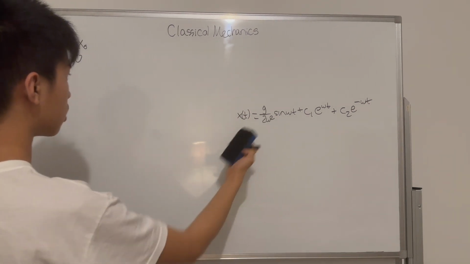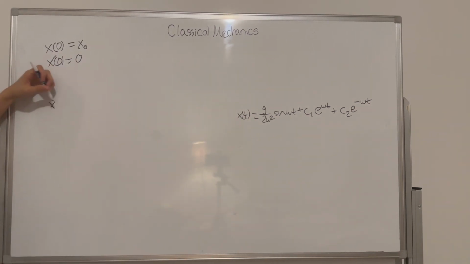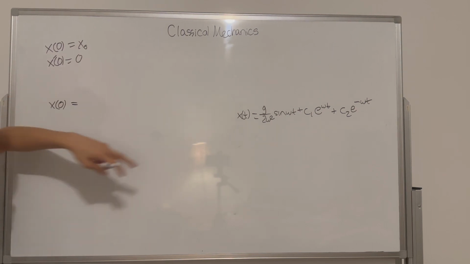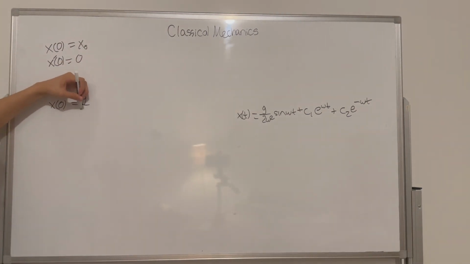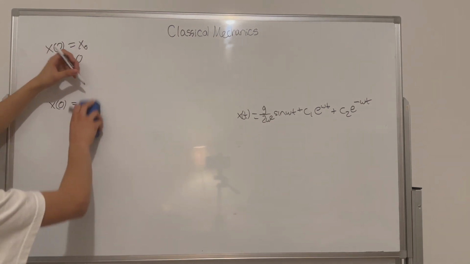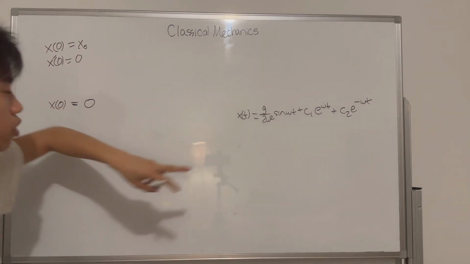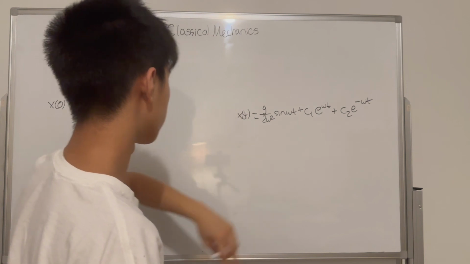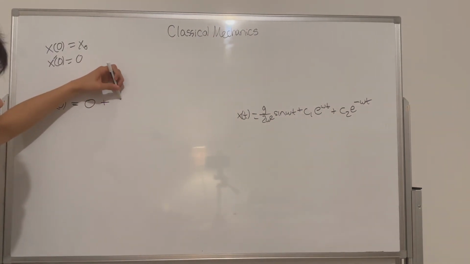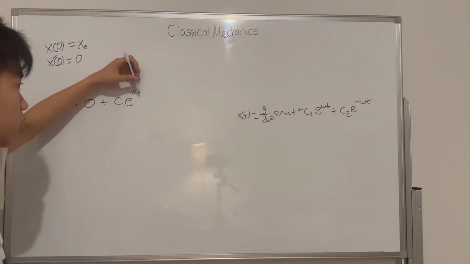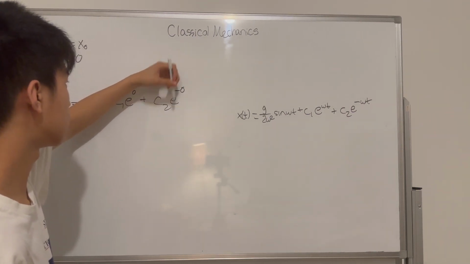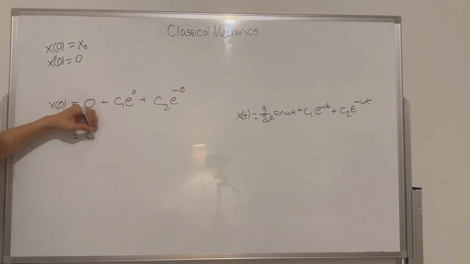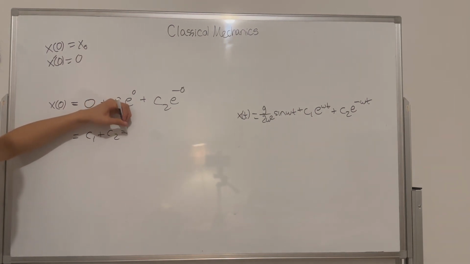We'll say that x of 0 is equal to, we can just plug 0 into t. The left term ends up being 0 because you plug 0 into sine and you get 0. Plus c1 e to the 0 power, so that just turns out being 1. Same thing here. So you just end up with c1 plus c2 equals x naught.